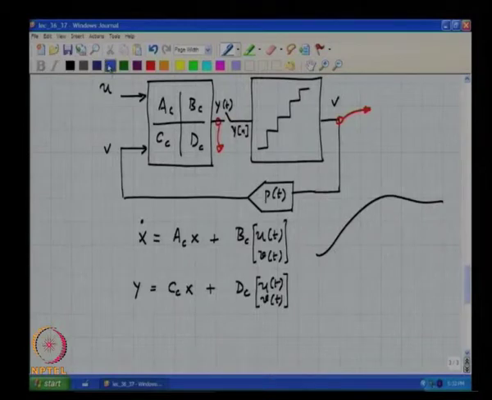So, the input being slowly varying, all right.